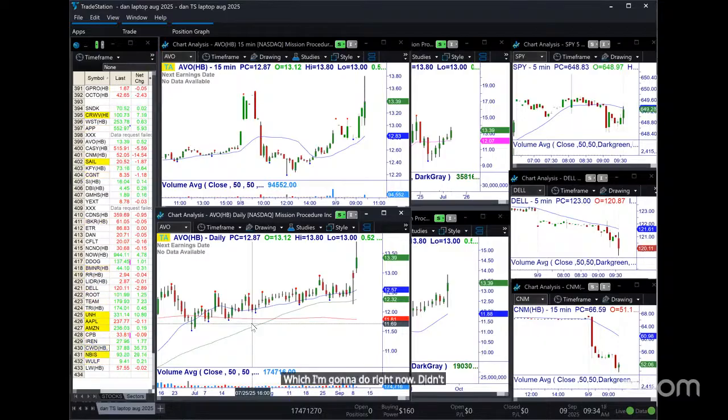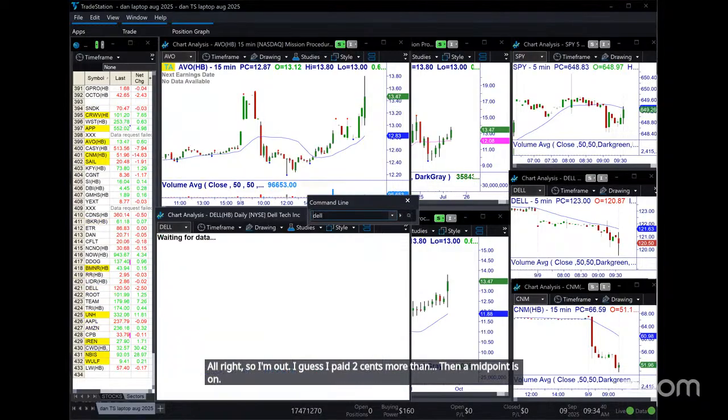Didn't get filled at midpoint. So let me just increase it 2 pennies. All right, so I'm out. I guess I paid 2 cents more than midpoint.